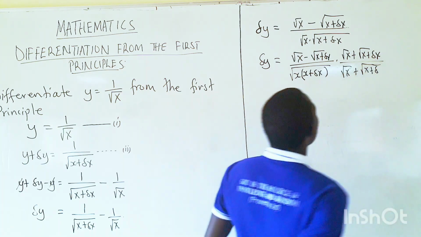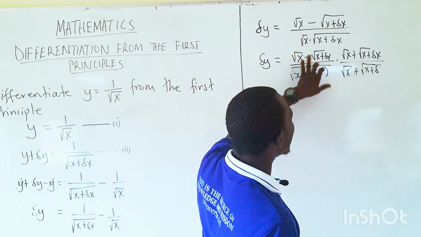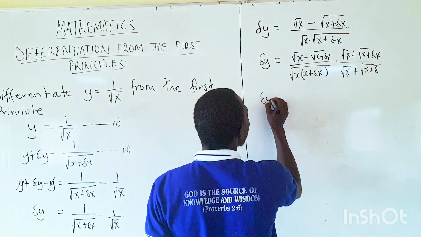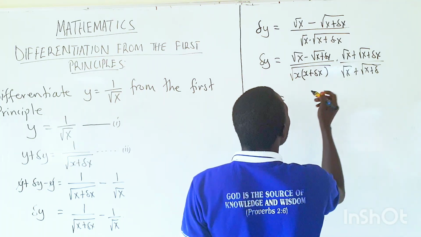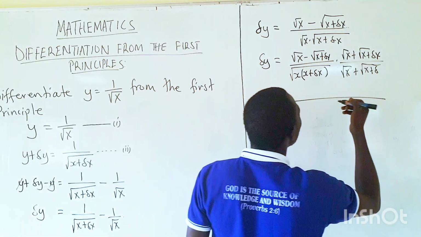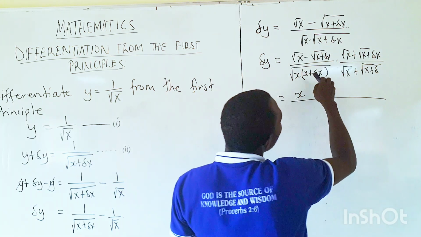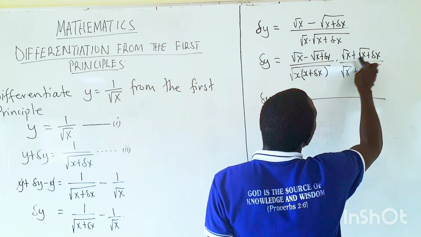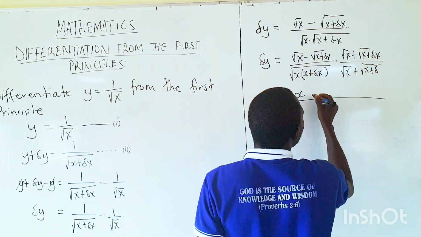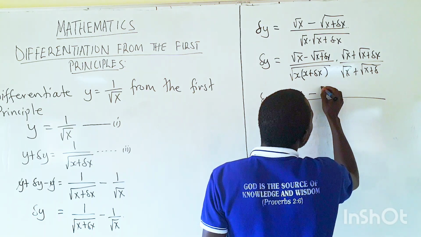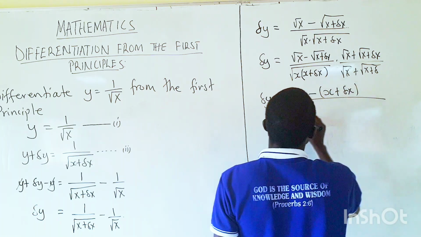So the next procedure there, now we shall multiply this times this and see what is going to be remaining there. We shall have this one times this giving us 2x. Then this times this will cancel with this times this. So we shall have this one times this giving us negative 2x plus delta x, put under bracket, all over.